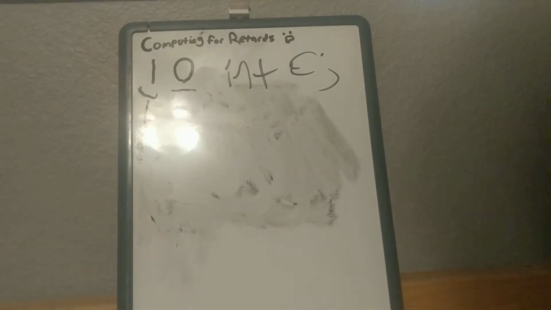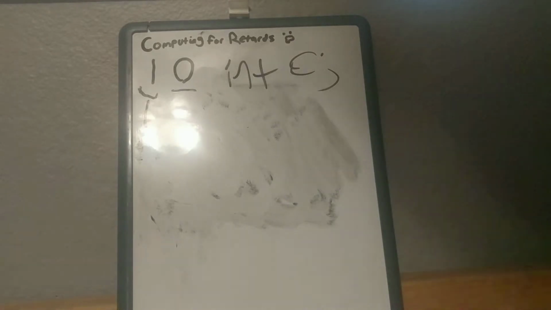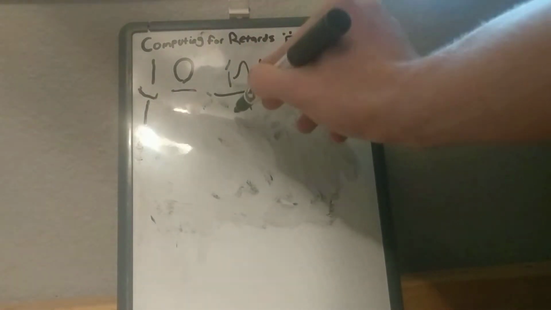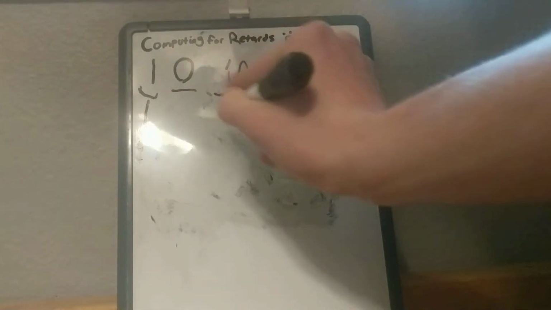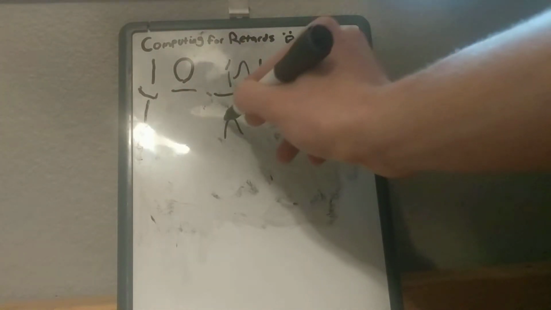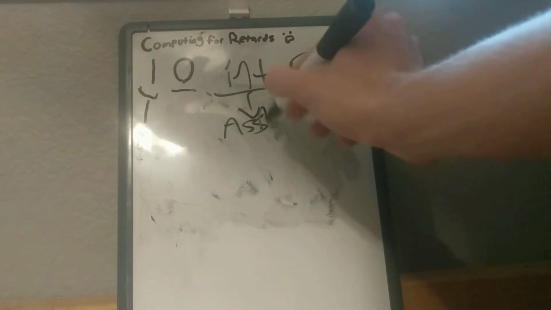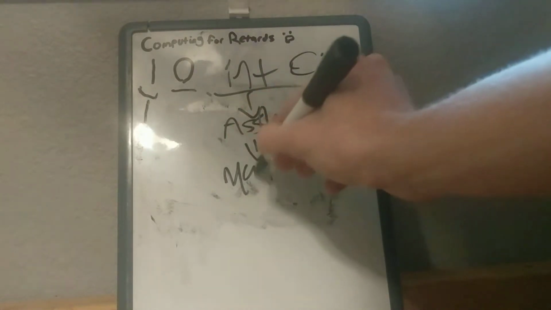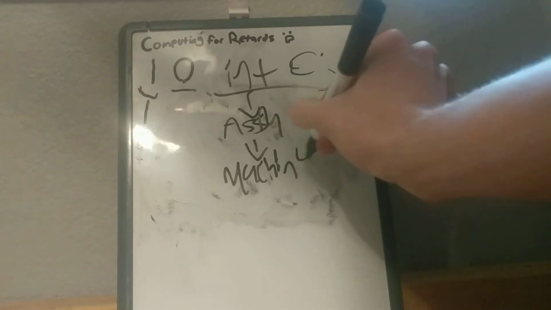Well, that's not how the computer sees it. You see, higher level languages, I mean, C is a pretty low level language, but it's still higher level. These are compiled. What are they compiled into? They're compiled into assembly, ASM. ASM is assembled into machine code. There.